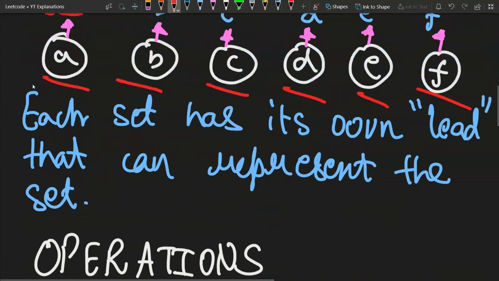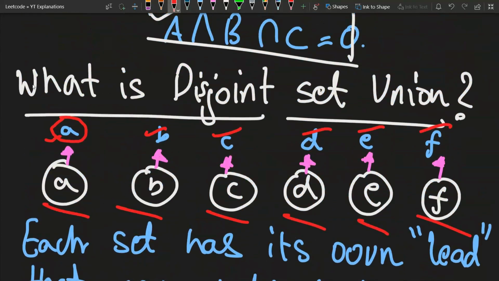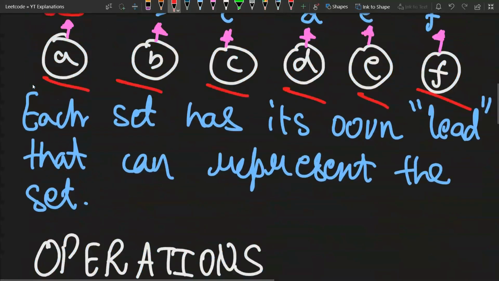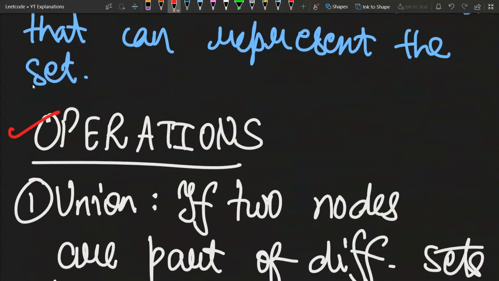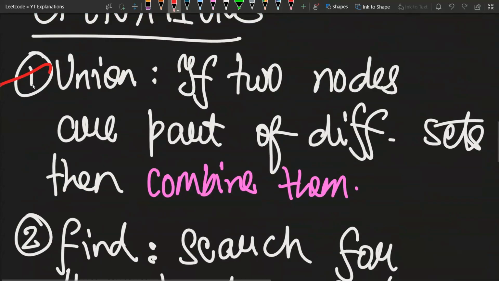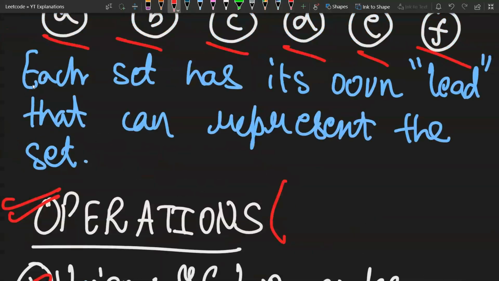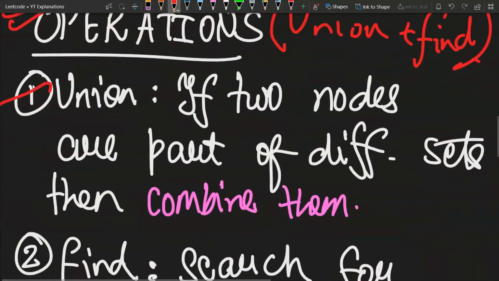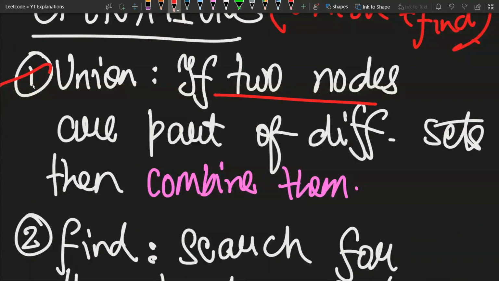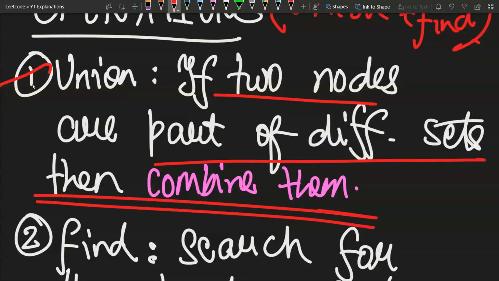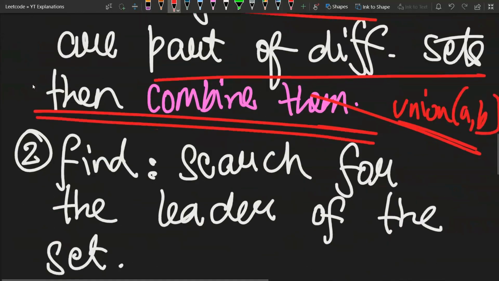Now let's look at the operations which can be performed on these disjoint sets. This is called union find because there are only two operations here, union and find. Union is, if two nodes are part of different sets, then we combine them. So union A comma B means we combine A and B into one single set.